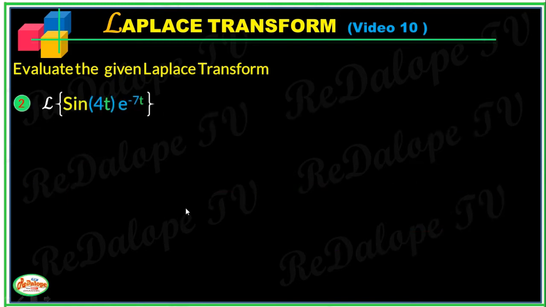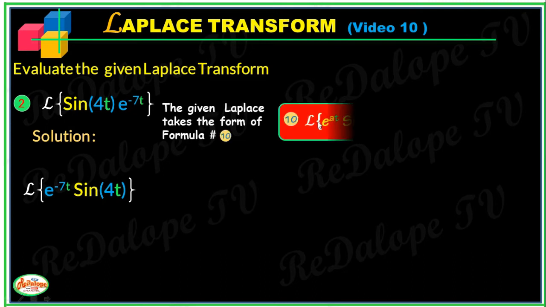For problem number 2, we have the Laplace of the product of sine 4t e raised to negative 7t. Now this Laplace problem can also be written in this manner. So we have the Laplace of e negative 7t multiplied by sine of 4t, and it takes the form of formula number 10 also.